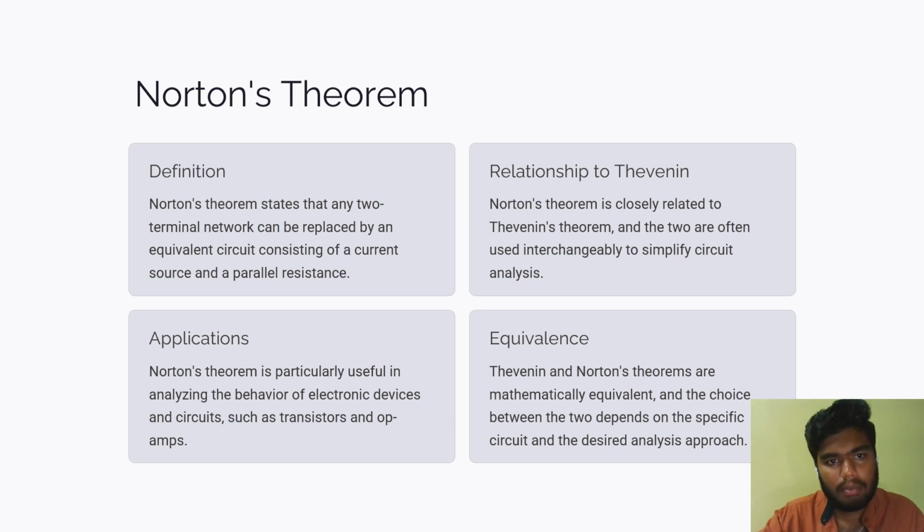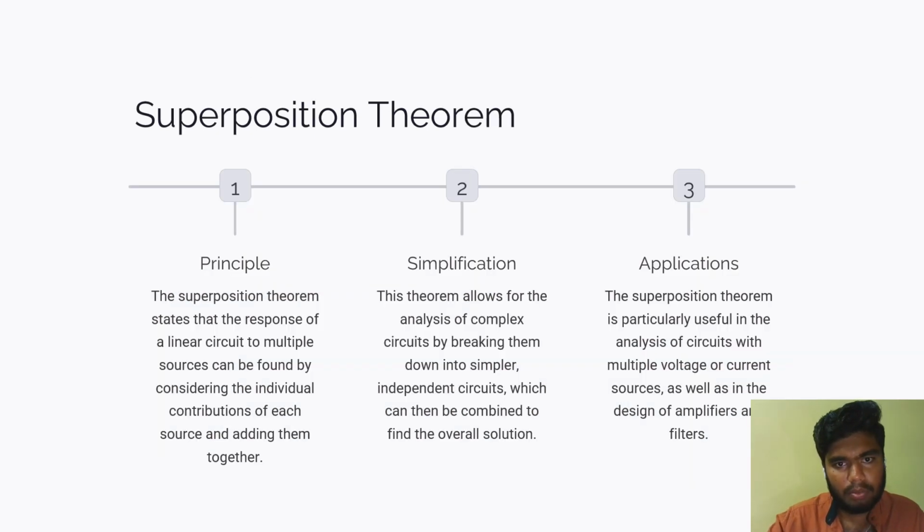Just now we have seen Norton's theorem and Thevenin's theorem. Now we are going to the superposition theorem. The superposition theorem states that the response of a linear circuit to multiple sources can be found by considering the individual contributions of each source and adding them together.